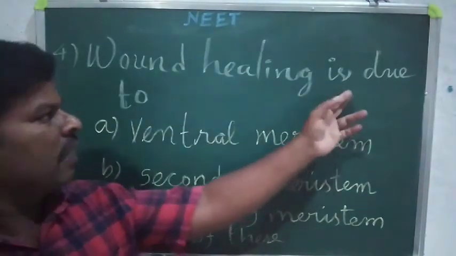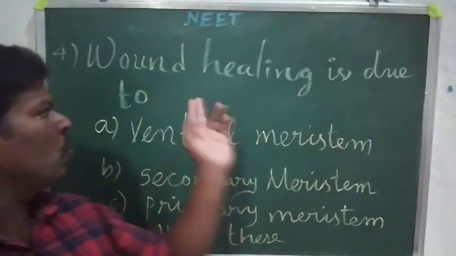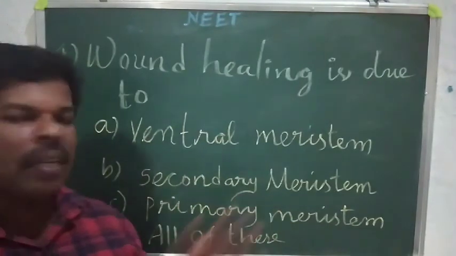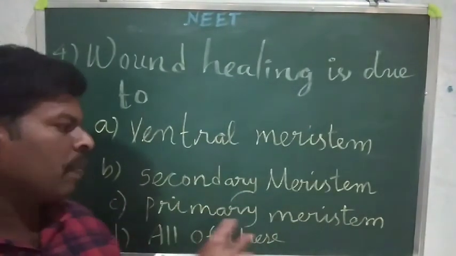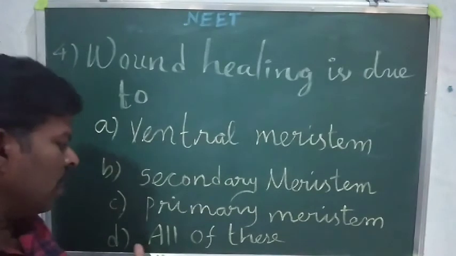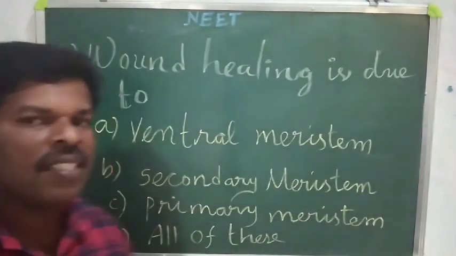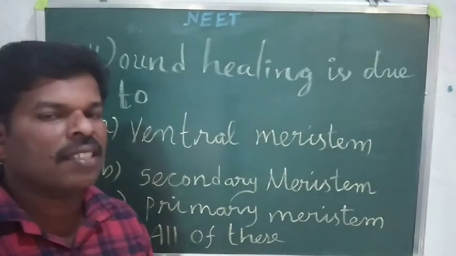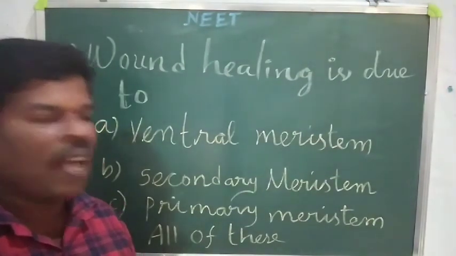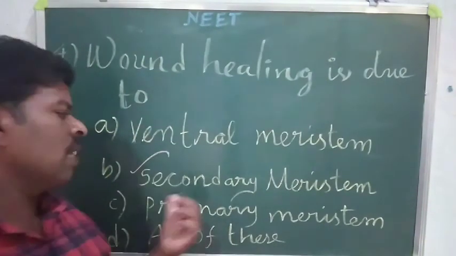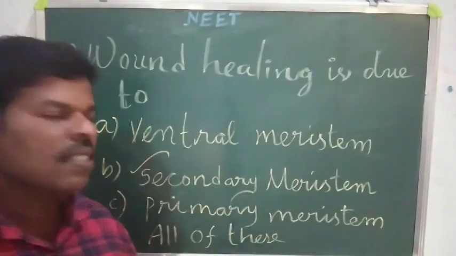Wound healing is due to which? A is lateral meristems, B is secondary meristems, C is primary meristems, D is all of these. Which one is the correct answer? Can you guess? The answer is B, secondary meristems.